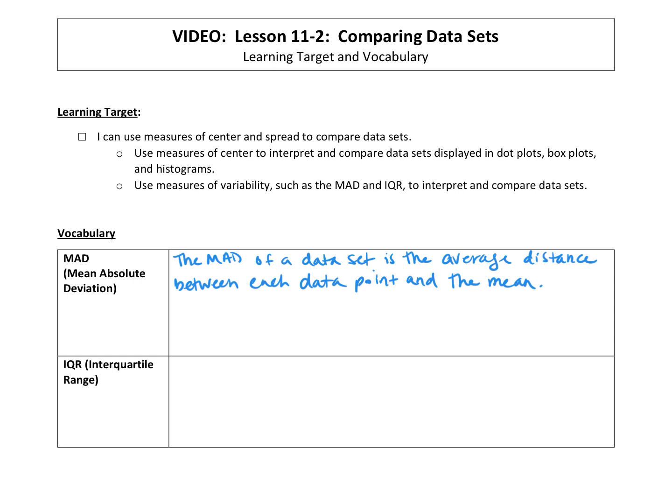So let's just kind of summarize that. It gives us an idea about the variability in a data set, and kind of gives you an idea of how spread out the values are.